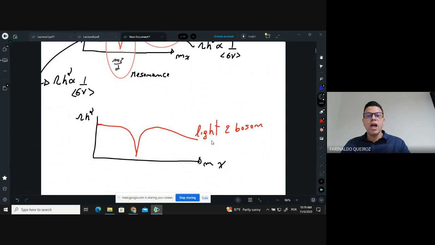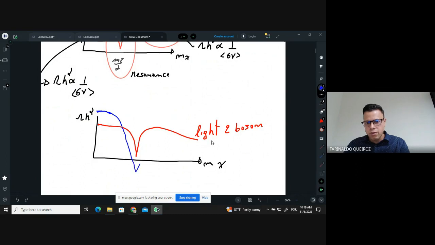So when I go to a heavy mediator, this thing will start from very high above. Since it's a heavy mediator, the resonance will not be so sharp, it will be broader. It will be like this, like a fat resonance. That's how we say it. And it will drop like this, and then goes up again. And it doesn't have to be as high.